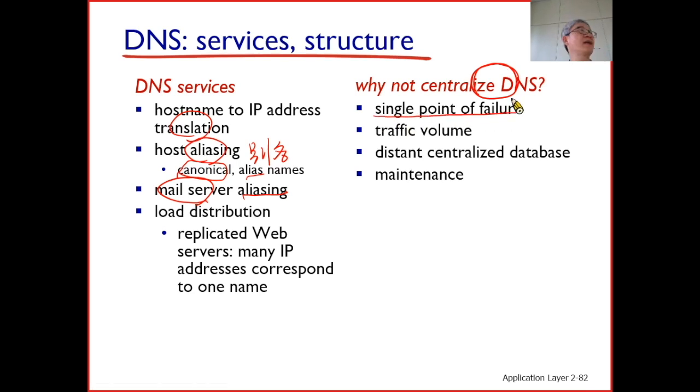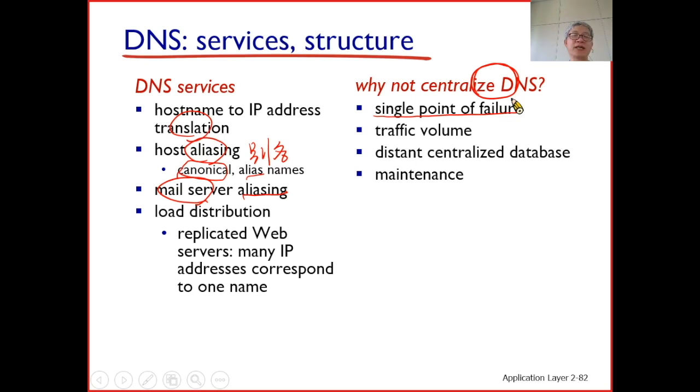Single point of failure: if you use a single server, what about failure of that server? And next one, traffic volume. If you just have a single server, all requests are directed to that server, so you have a lot of traffic there. We don't want that.